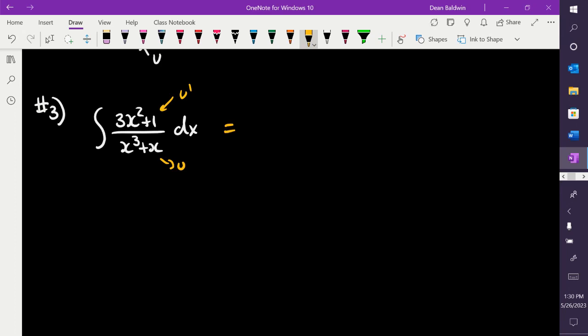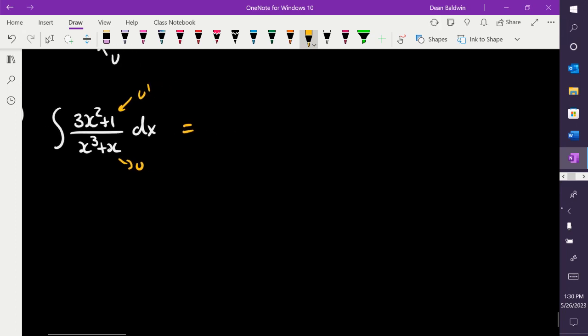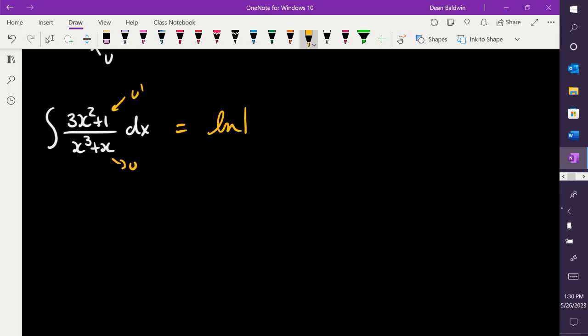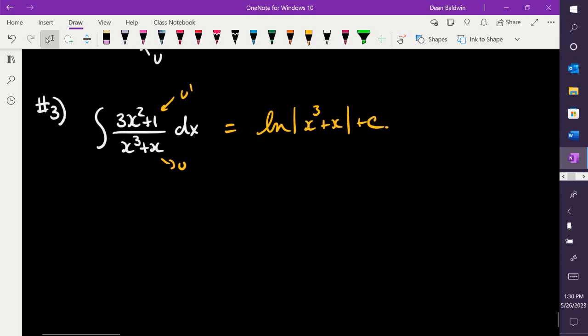So the answer should be, I'll do it the long way in a sec, the natural log of the denominator, which is x cubed plus x. And you're done. Okay? If you don't like that, you do u sub. You go u is equal to x cubed plus x.